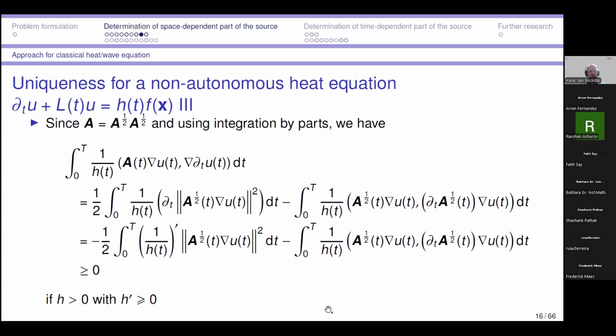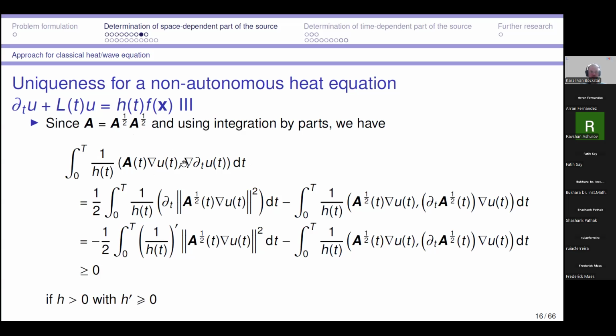So now what is the main estimate we need to do for the time-dependent operator, and I will only show it for the conductivity, so A(t). We need to handle this term. We use that we have the existence of the square root of A, and that this tensor is also symmetric.